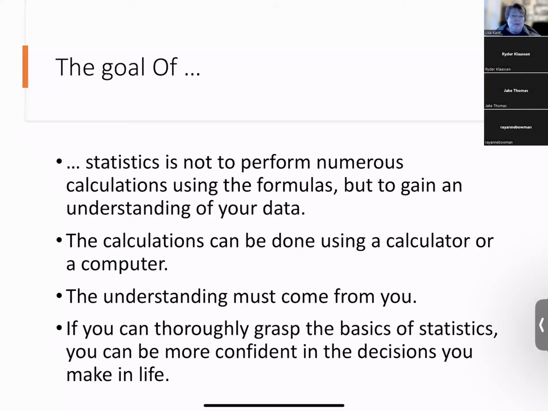Man, then I'd have to grade a lot. But anytime that you guess until you get the multiple choice correct, which you can do, stop and ponder why the one you guessed is correct. All right. And it says, if you thoroughly grasp the basics of statistics, you're more confident in decisions you make in life. I think that's true.